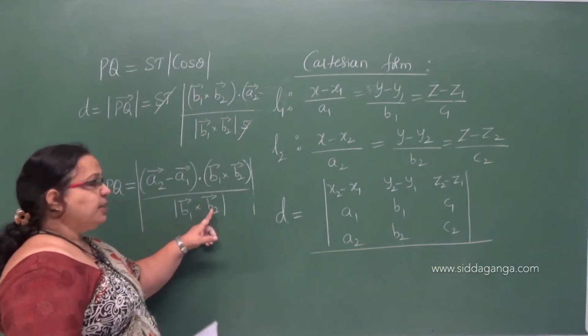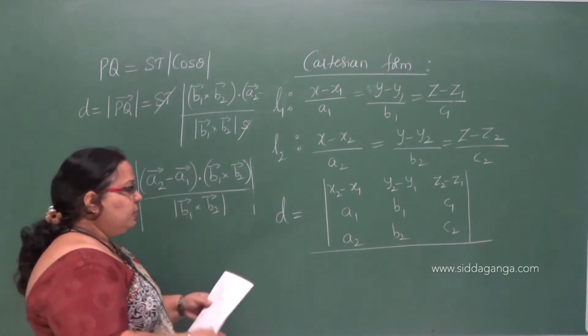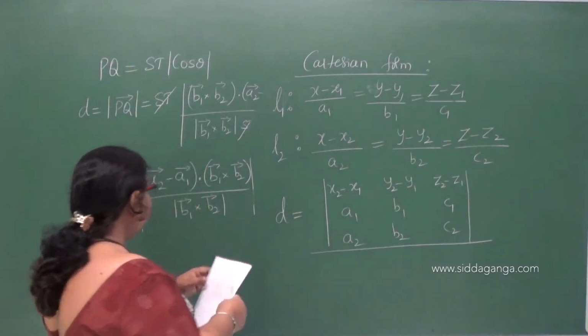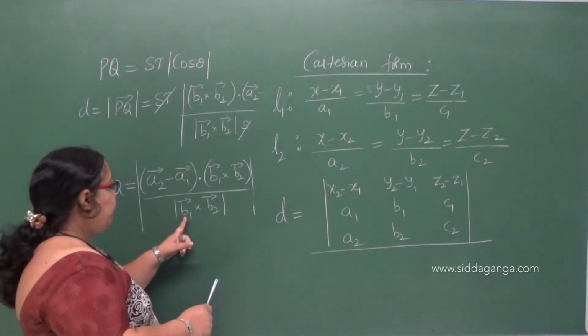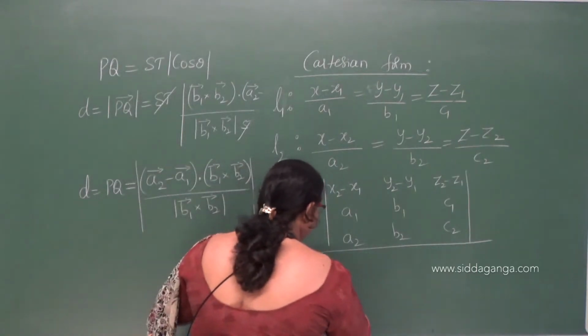b1 cross b2. So ನಾನು ಅದನ್ನ b1 cross b2, it is a vector, and we have to take the magnitude, means root ಒಳಗಡೆ ಬರುತ್ತದೆ.